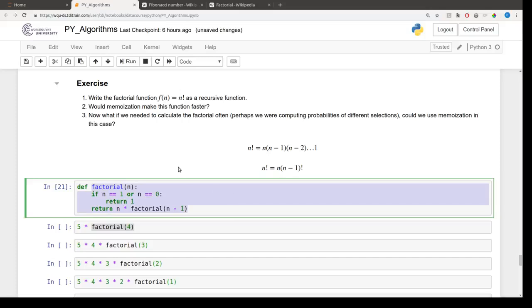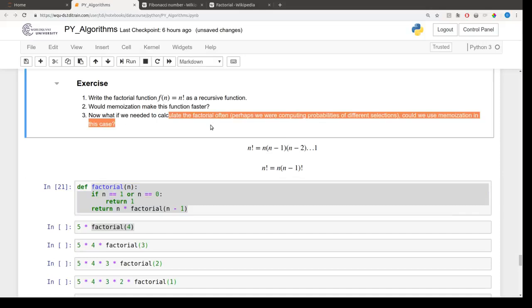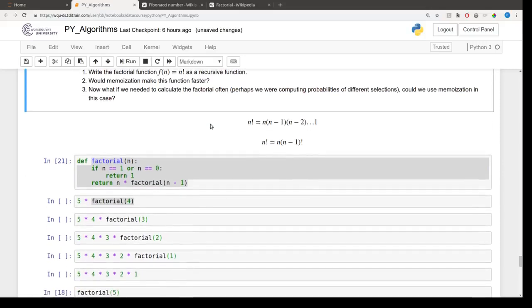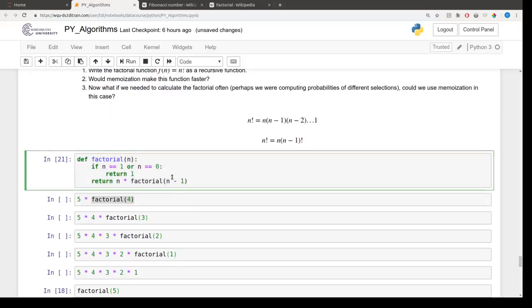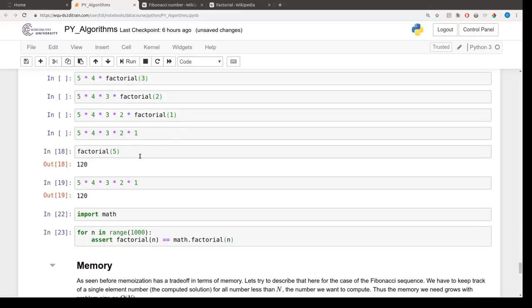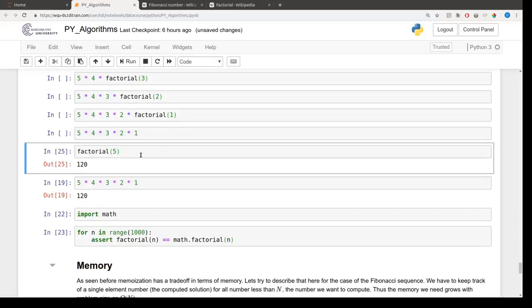Where memoization could help us is if we need to calculate a factorial more than once. So obviously, if I call factorial 5 and then I call it again, I'm doing a new calculation every time I run that.